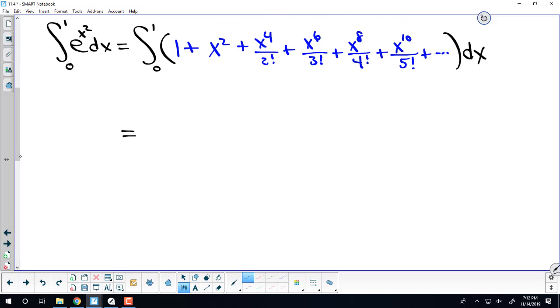So we have x plus x cubed over 3 plus x to the 5th over 5 times 2 factorial, x to the 7th over 7 times 3 factorial.